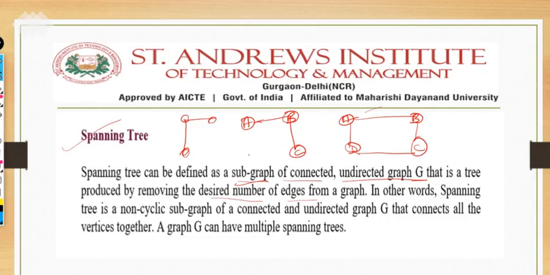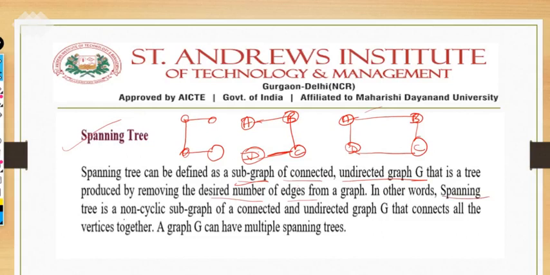But one more thing, I'm just correcting it: all the vertices should be there. Now these are the subgraphs. Make a note, any of the vertices cannot be missed here. Each and every vertex should be there. So these are the subgraphs here.